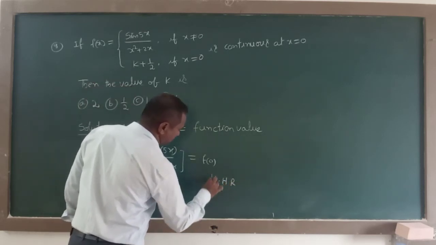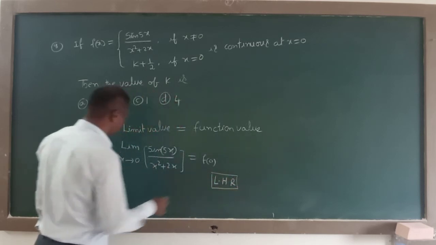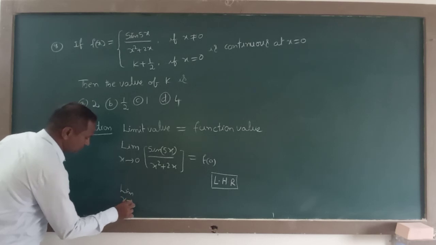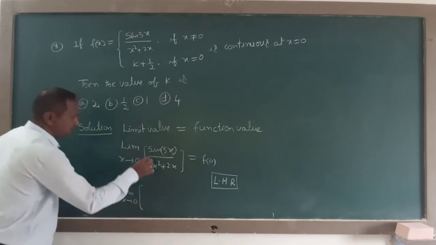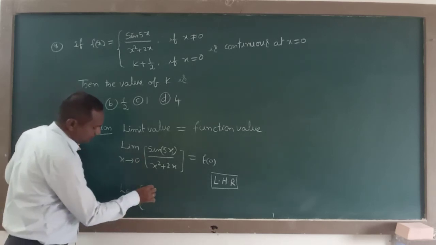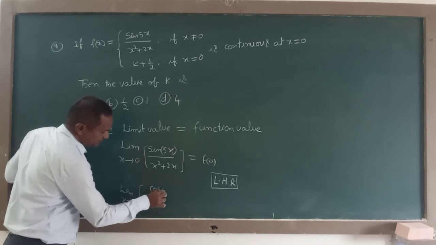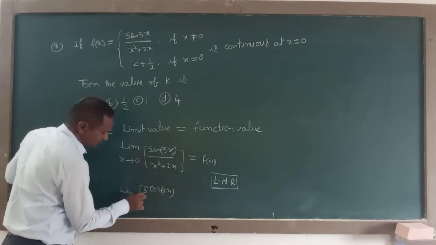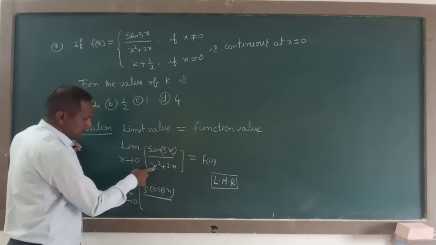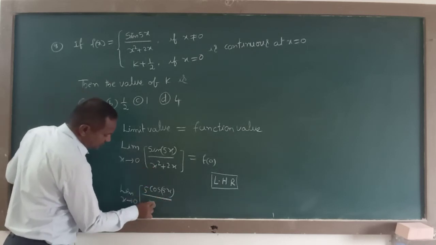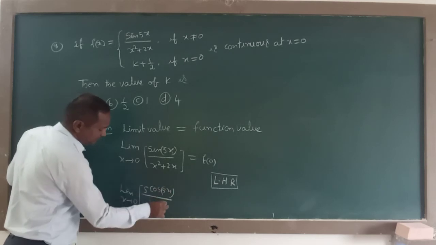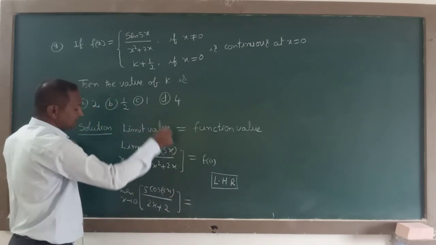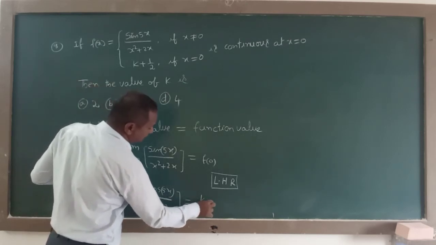You have to apply it here. That is, limit as x tends to 0, d by dx of sin 5x is cos 5x, and differentiation of 5x is 5, whole divided by the differentiation of x square plus 2x, which is 2x plus 2, is equal to f of 0, which they gave as k plus 1 by 2.